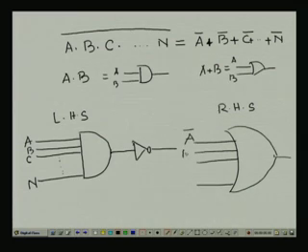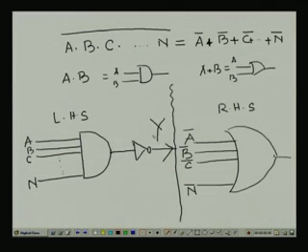So, in the left hand side the variables were a, b, c up to n, here all are inverted. So, this will be my output y.